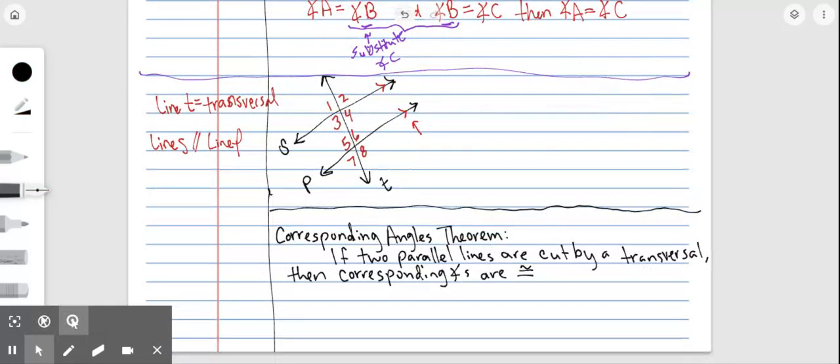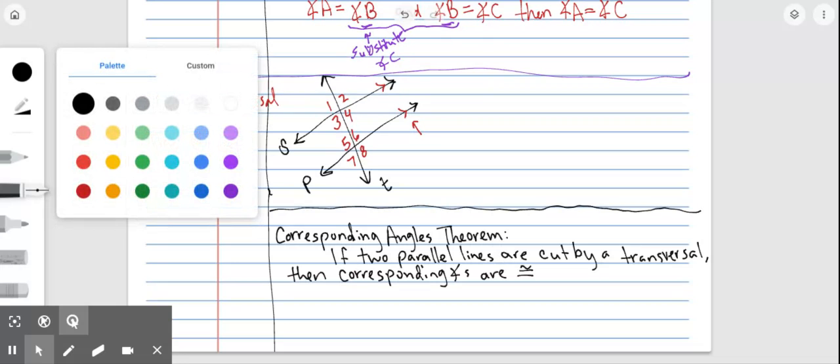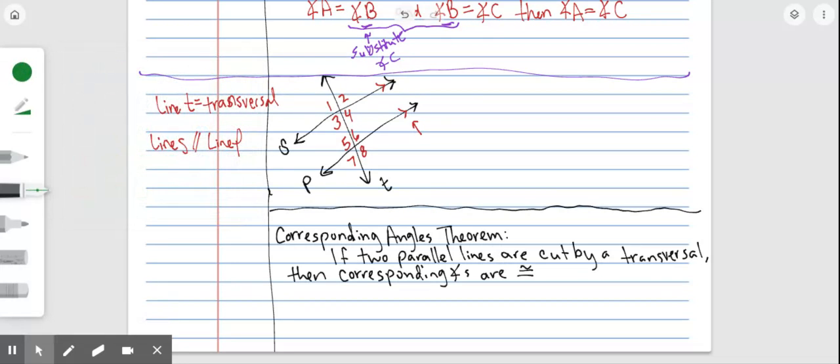Okay. All right, the corresponding angles theorem says that if two parallel lines are cut by a transversal, then the corresponding angles are congruent. So for this example, for this diagram up at the top, I know that since line S is parallel to line P, corresponding angles are congruent.